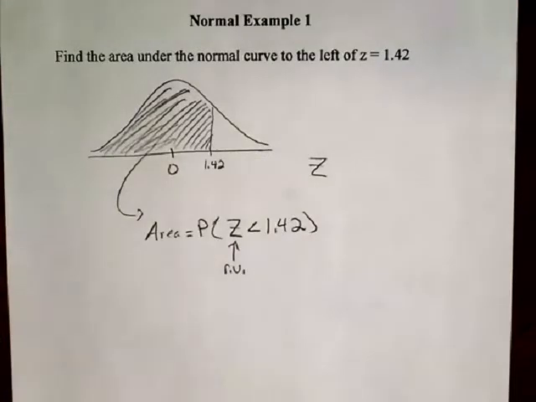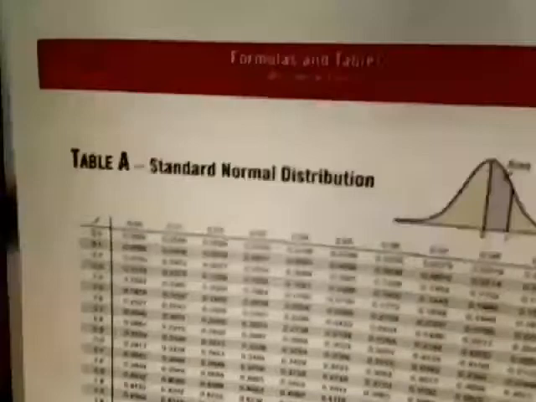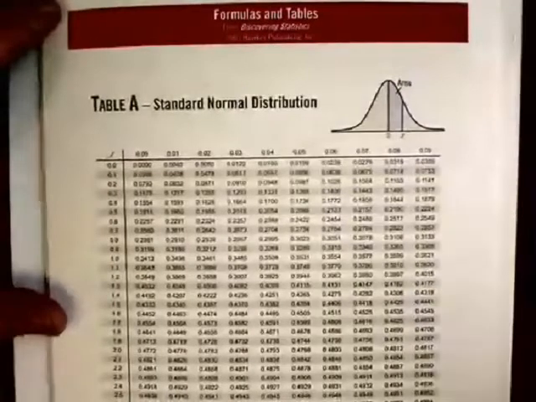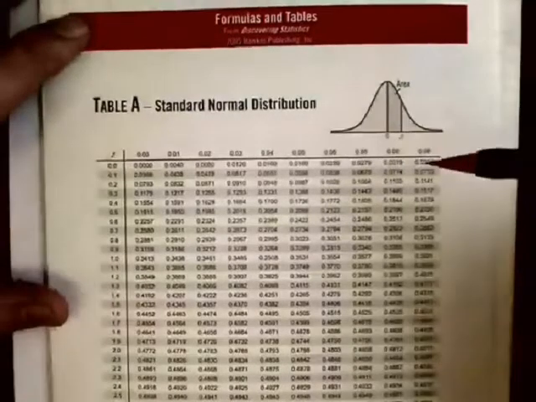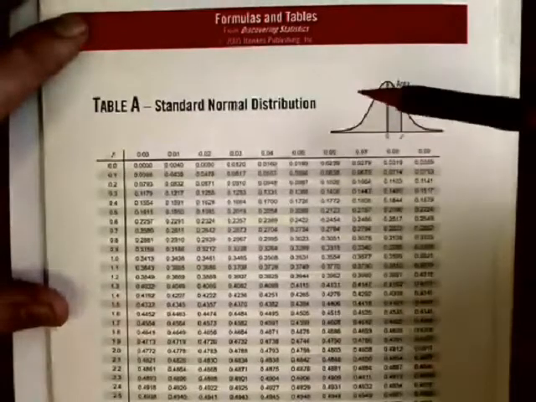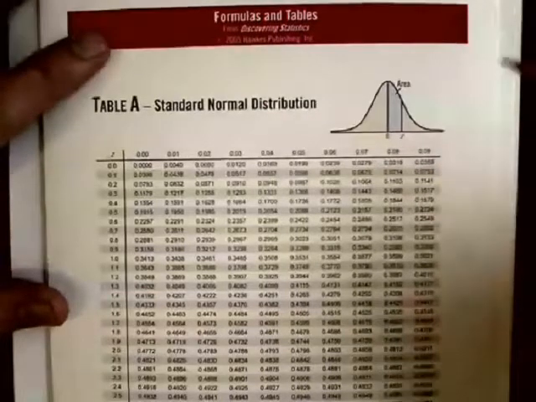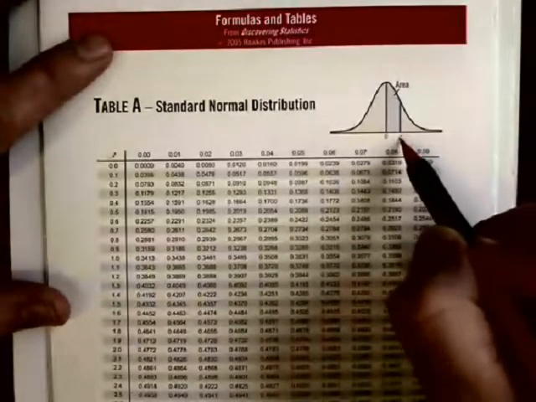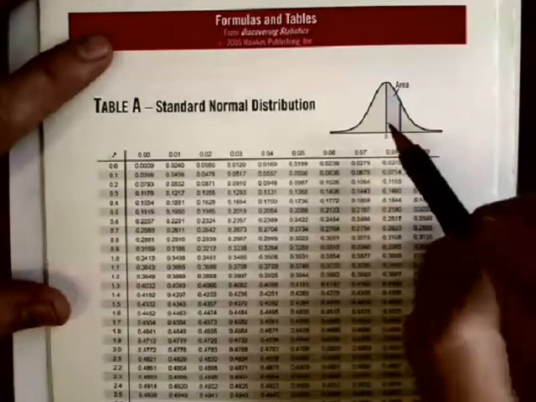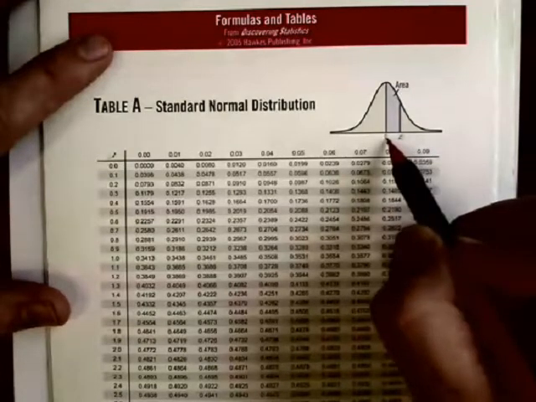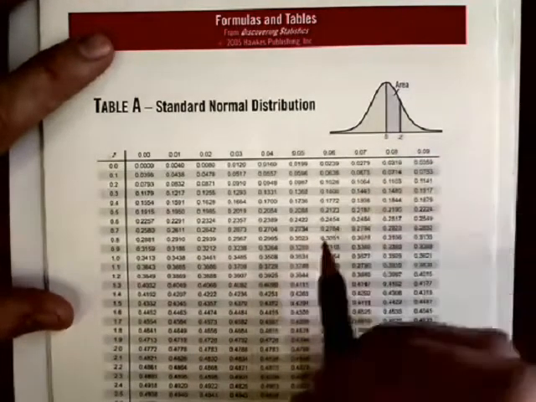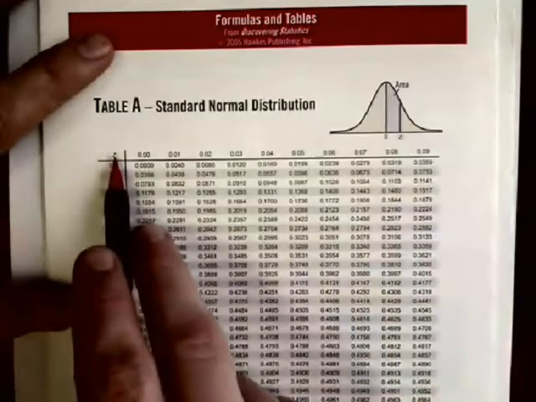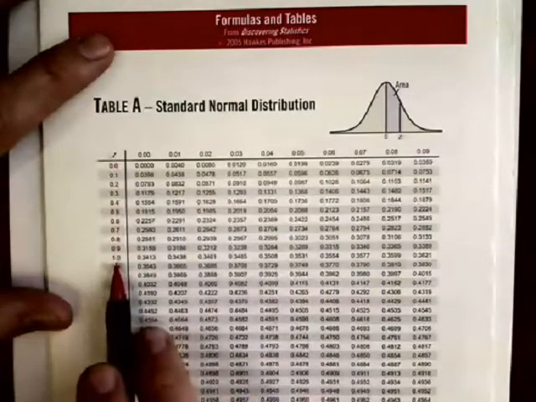If you've looked already, this is in the formula sheet that's posted on the web page, but there's a table A that gives areas or probabilities about a standard normal distribution. And what it does is, for a given z-score, it gives you the area from 0 to that z-score. So suppose I pick a z-score. What you do is you scroll down this first column here.